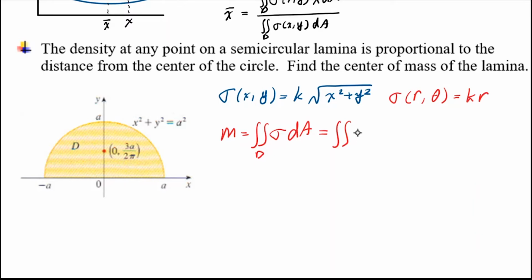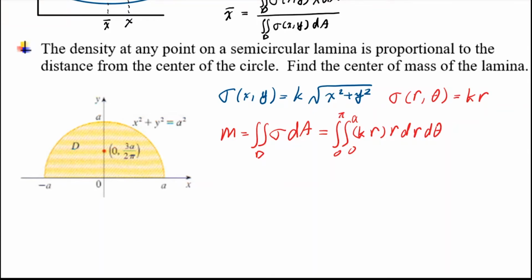So we have k, r, and then we have another r, dr d theta. r will vary from 0 to a, according to our picture. And then theta will vary from 0 to pi. Who's lost?